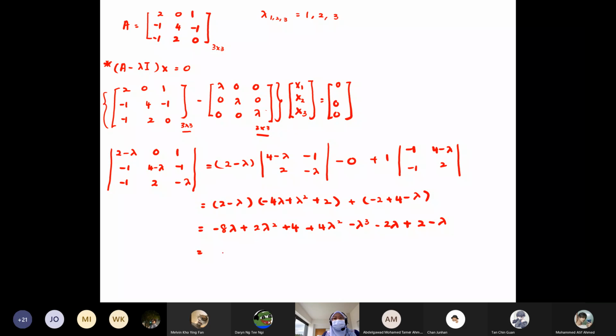Simplifying, you will have minus lambda cubed, then plus 6 lambda squared, and then minus 10 lambda, sorry, should be 11 lambda, and then plus 6.